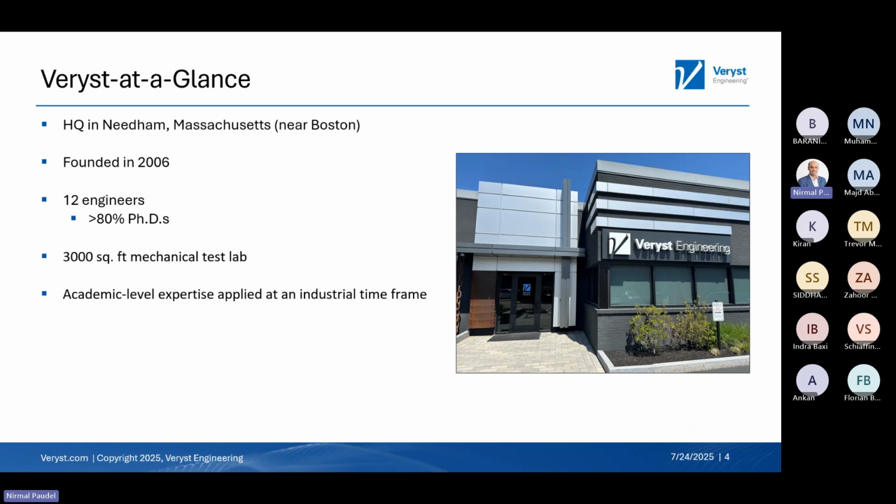We combine deep theoretical knowledge with practical and timely execution. We also have a 3,000 square foot mechanical test lab for mechanical testing, and that can be combined with the numerical simulations as well.